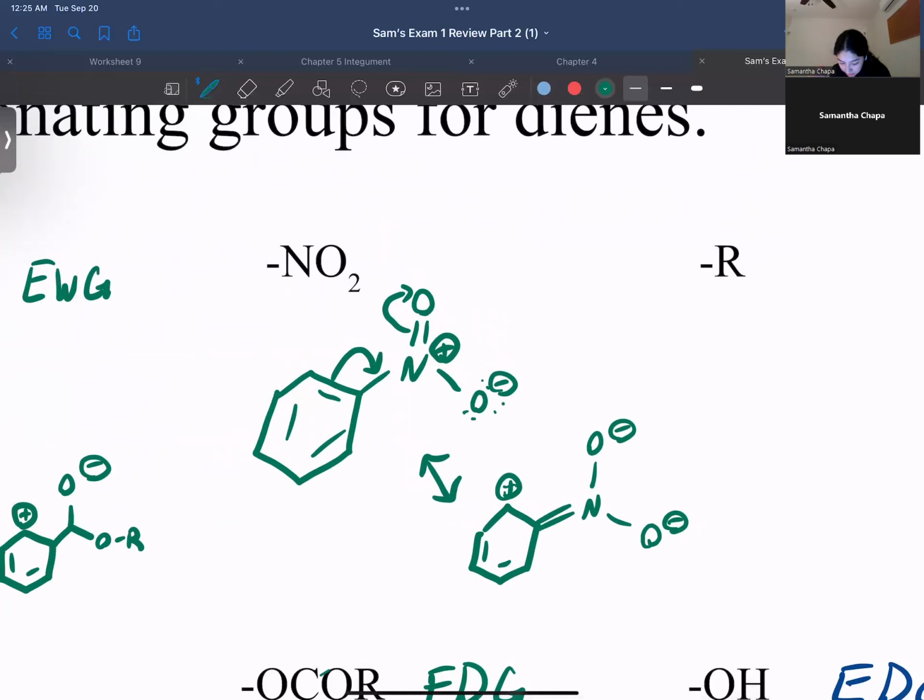Another thing to look at, just a side note on your resonance structures: if you originally have a neutral molecule, like on this top structure, we had a positive and a negative charge and they cancel out, so it's neutral. On the next resonance form that you draw, that should be neutral as well. So we have plus, plus, minus, minus, it cancels out. And we have a neutral charge. So I was about to make a mistake right here because of that. Okay. But again, notice how we're withdrawing electron density from the benzene ring. So electron withdrawing group.